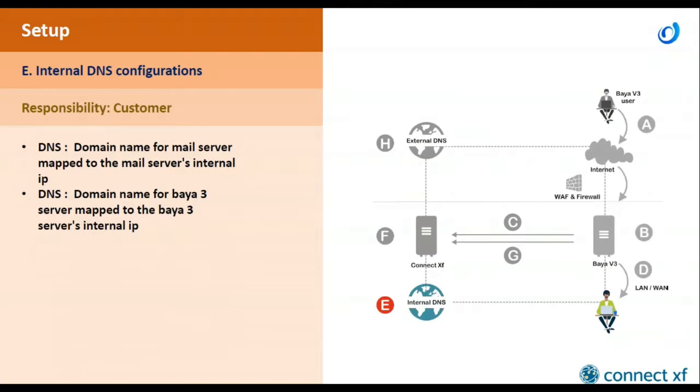The physical IP will not be provided in the configuration. Instead, the host name will be provided. So I hope everybody has an internal DNS setup where we will configure the host names of both the servers with their internal LAN IP addresses.